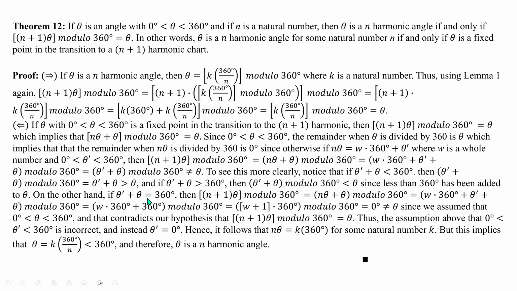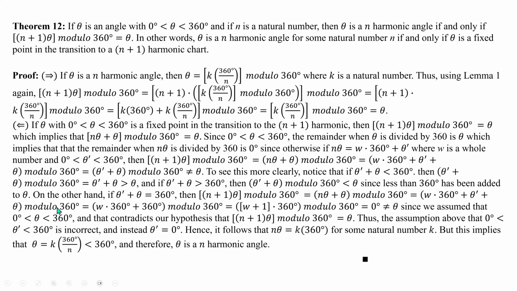On the other hand, if theta prime plus theta is equal to 360 degrees, then n+1 times theta modulo 360 degrees, again, is equal to n theta plus theta modulo 360 degrees. You can rewrite n theta as w times 360 degrees plus theta prime, and then you also have your theta to add on.